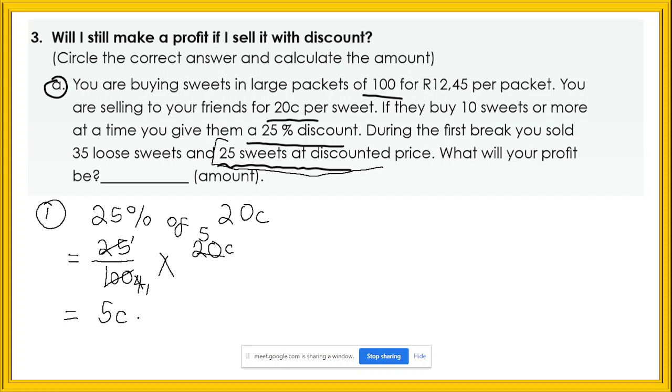So if you're giving a discount of 5 cents, how much are you selling each sweet for at the discounted price? If your sweet is 20 cents and you're giving a discount of 5 cents, what's the final selling price?